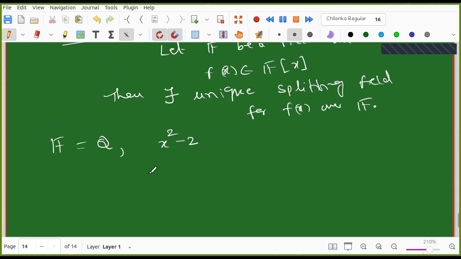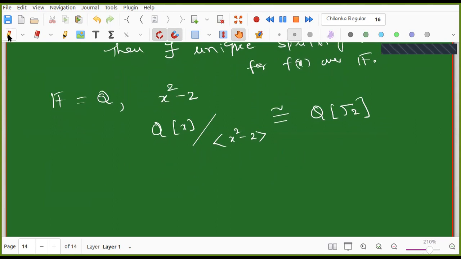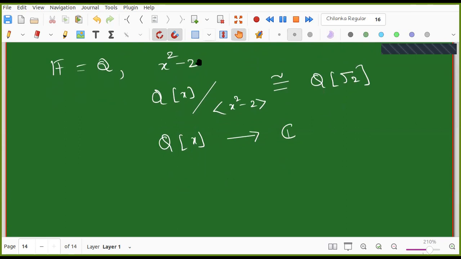Okay. So what we will do, we will take Q[x] modulo the ideal generated by x^2 minus 2. This is isomorphic to Q(root 2). Again, how do we prove this part? I take Q[x], and I know some bigger field, the complex numbers, which is a very nice thing we have.